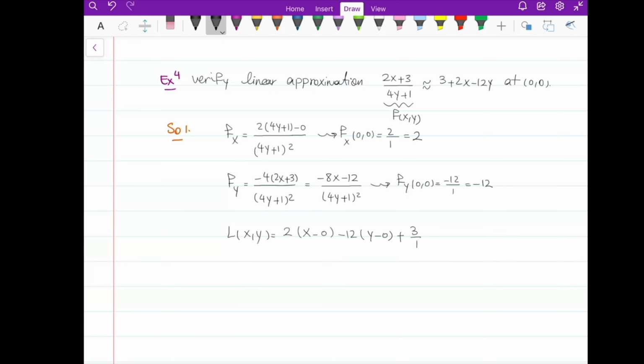Okay, as you see, this is the linear approximation. Let me simplify that: 2x minus 12y plus 3, which is this part, the linear approximation. Okay, so we verified that this is the linear approximation.